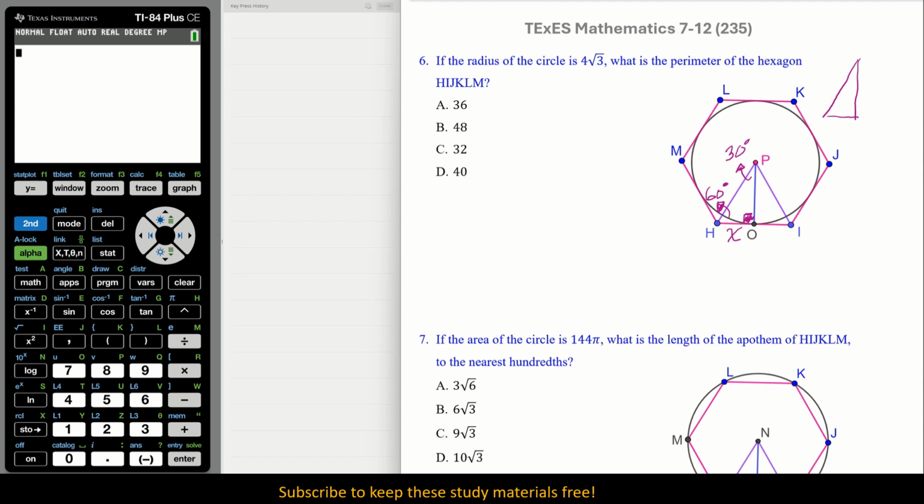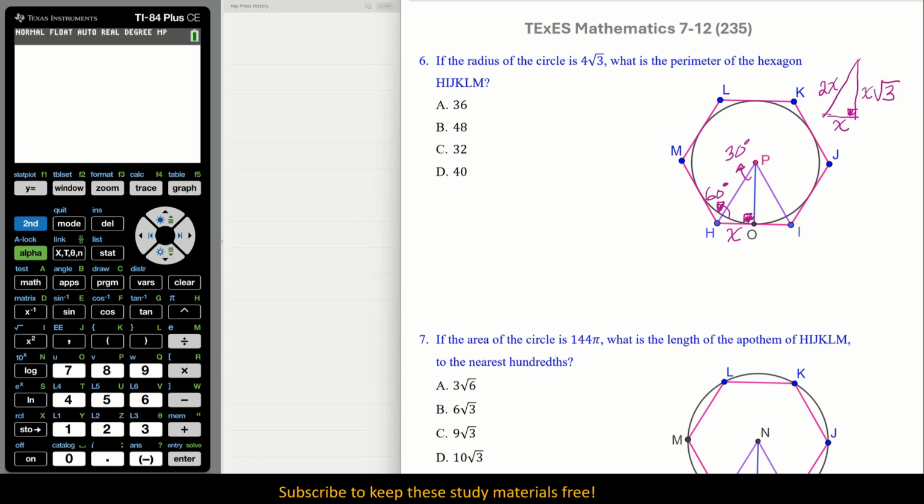Okay, so I have in my brain, I know that I have x, 2 times x, and x square roots of 3. That's a 30, 60, 90 triangle. Okay. And that's like the base of it.